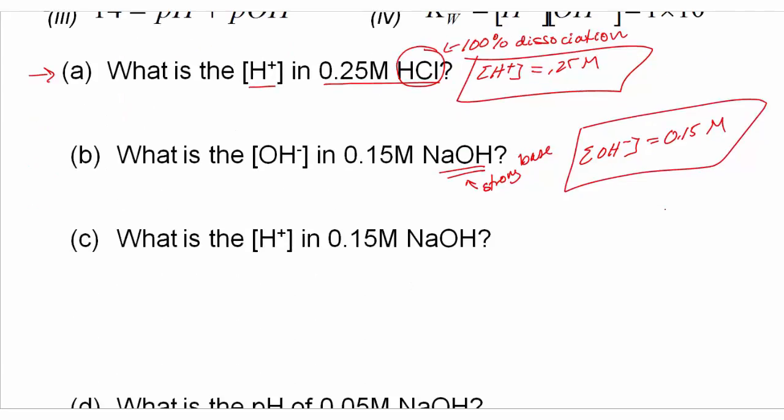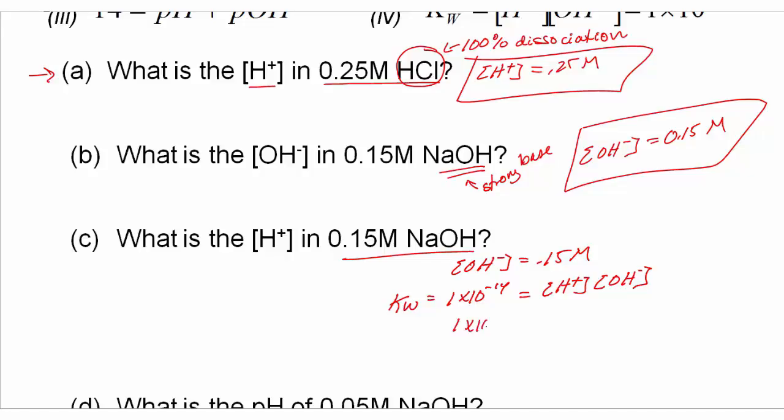What is the hydrogen ion concentration in 0.15 molar NaOH? Well, in 0.15 molar NaOH, we know that the hydroxide is 0.15 molar. So we can use our expression, Kw, which is 1 times 10 to the negative 14, is hydrogen ion times hydroxide.